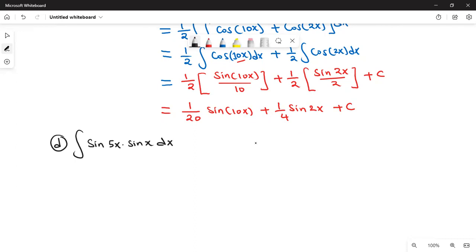So check the identity where we have sine A times sine B. In this case, our A is 5x and our B is x.